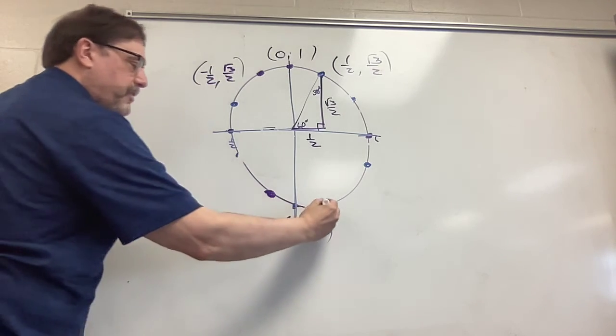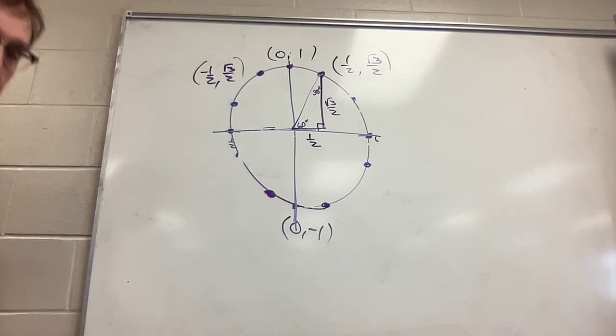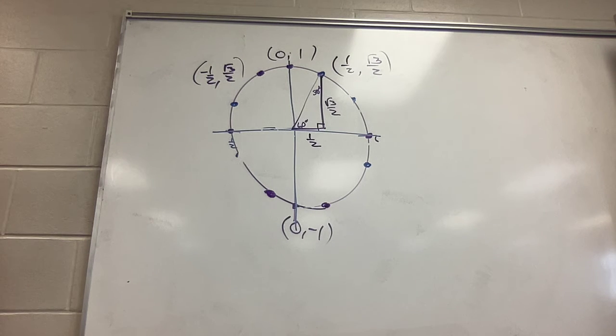See on your work in progress if you can find these two, the two bottom ones near the bottom. So I think it's back 1/2, down root 3/2, so negative. And it is over and down.